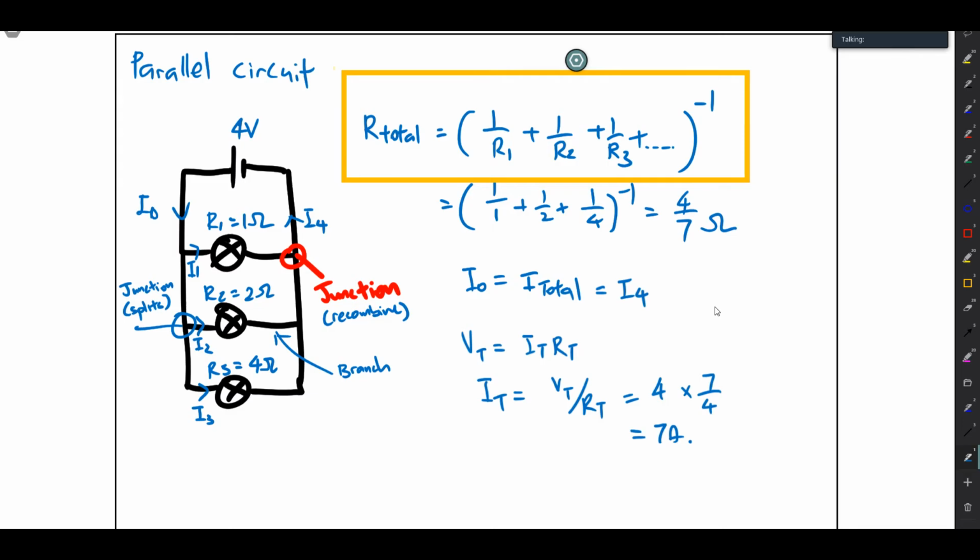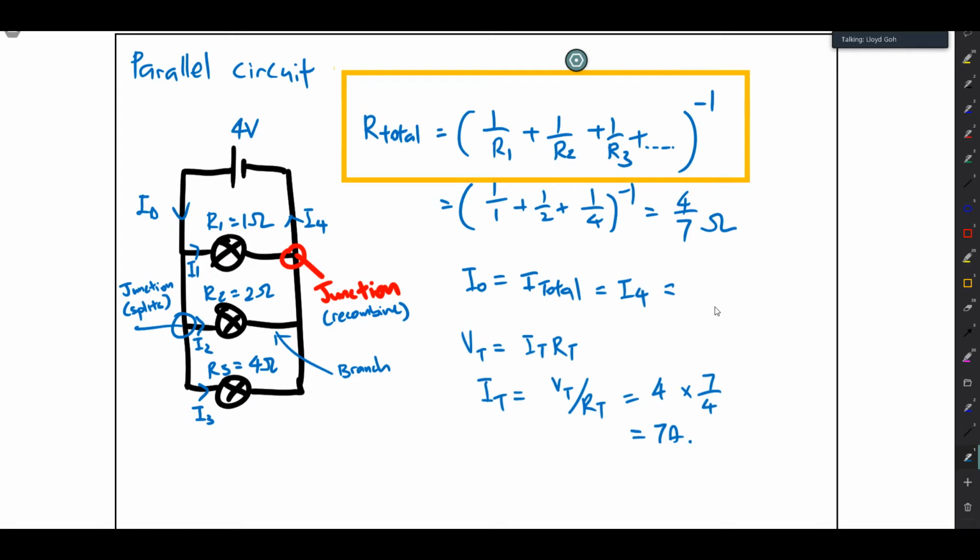So we have It equals 7 ampere. This is important. You can even add on that I0 equals I total equals I4.